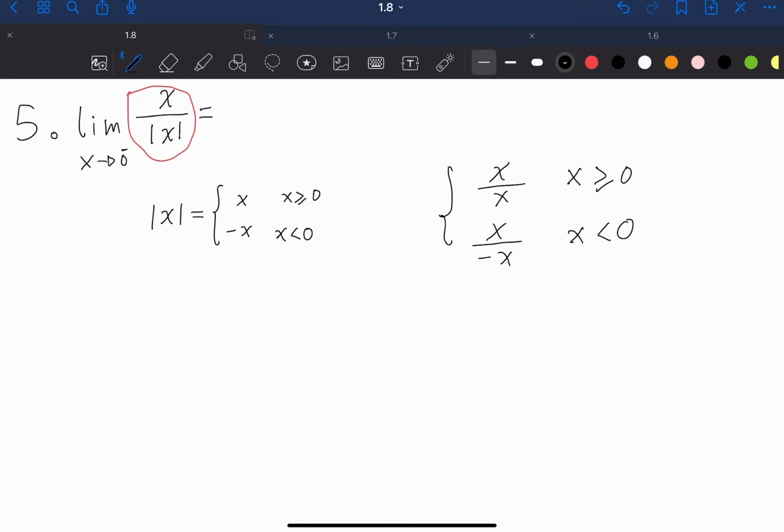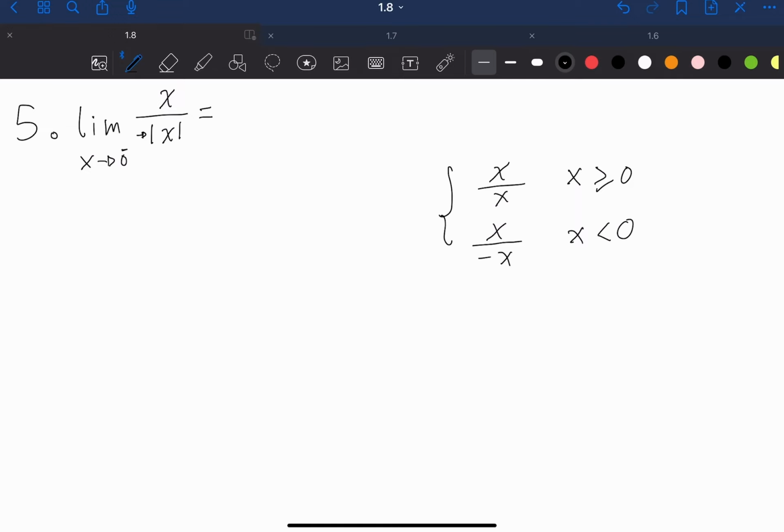Okay, all I did is replace this absolute value in the denominator with the definition here. So yeah, that is my function written in a piecewise function way.